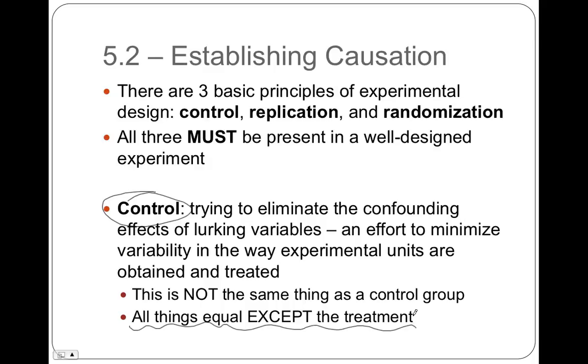I want everything else to be the same except for the treatments. That way, any differences in the response can be attributed to differences in the treatments. I know that if one set of plants grows better, it's because of the fertilizer that I used, not because of differences in water or differences in shade.